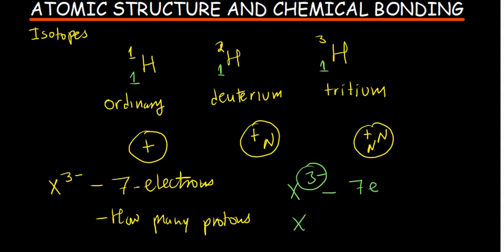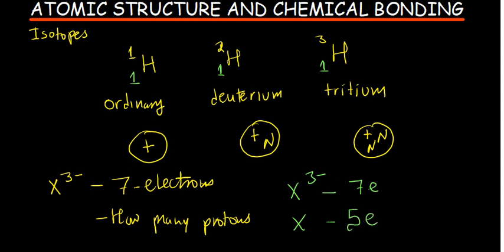Now what does the 3 minus mean? 3 minus means something has gained. Remember, when something is negatively charged, it means it has gained electrons. So before gaining 3 electrons, how many electrons did it have? You just say 7 minus 3, meaning that it had 5 before gaining.